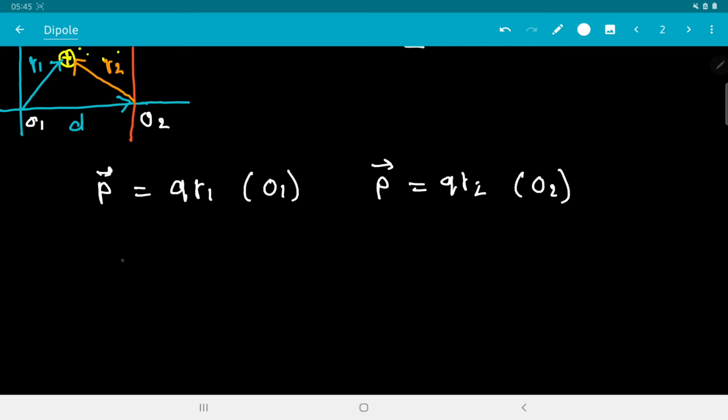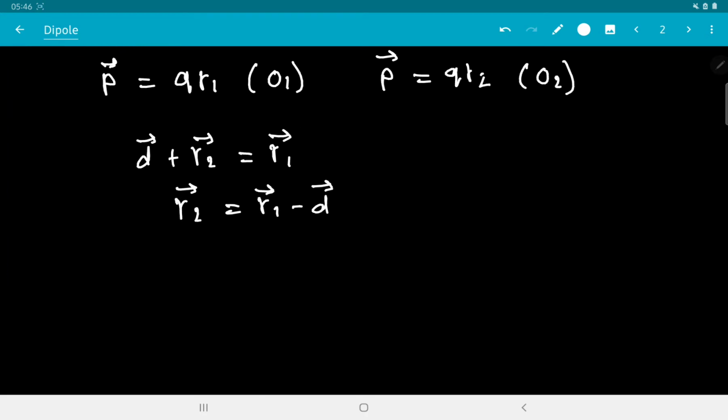Now, vector d plus vector r2 we can always write as vector r1 from the triangle law of vector addition. So vector r2 will be nothing but r1 vector minus d vector. This value we can put in the definition of dipole moment, let us say this is p1 and this is p2, for p2 as q into vector r2.